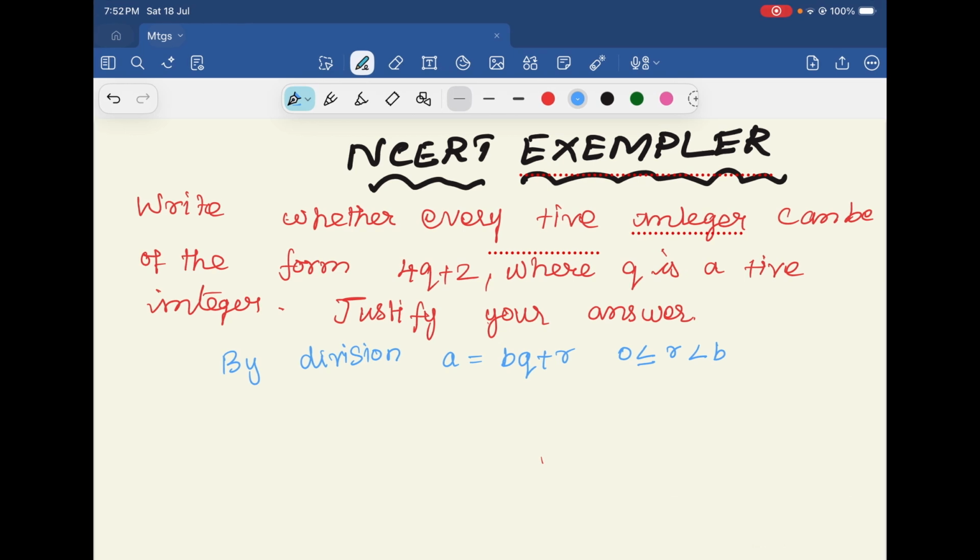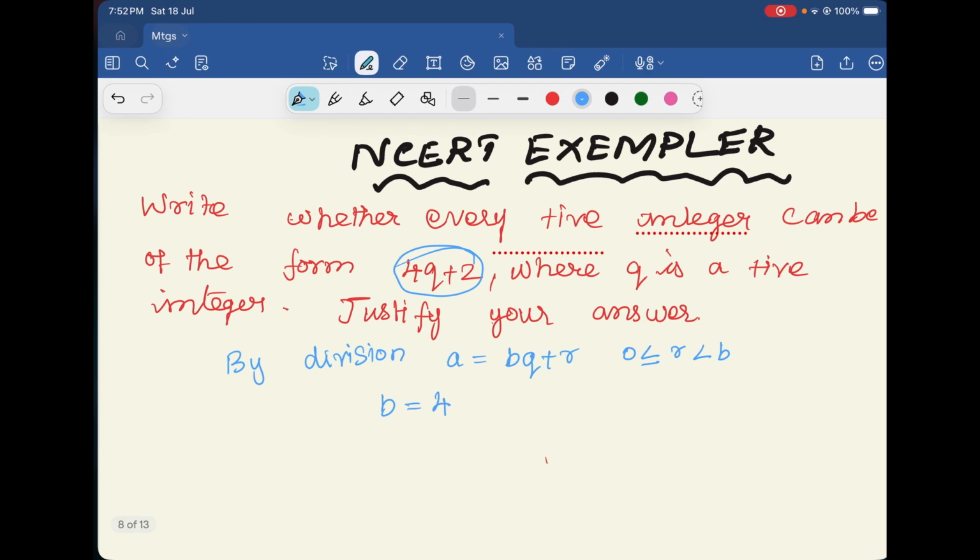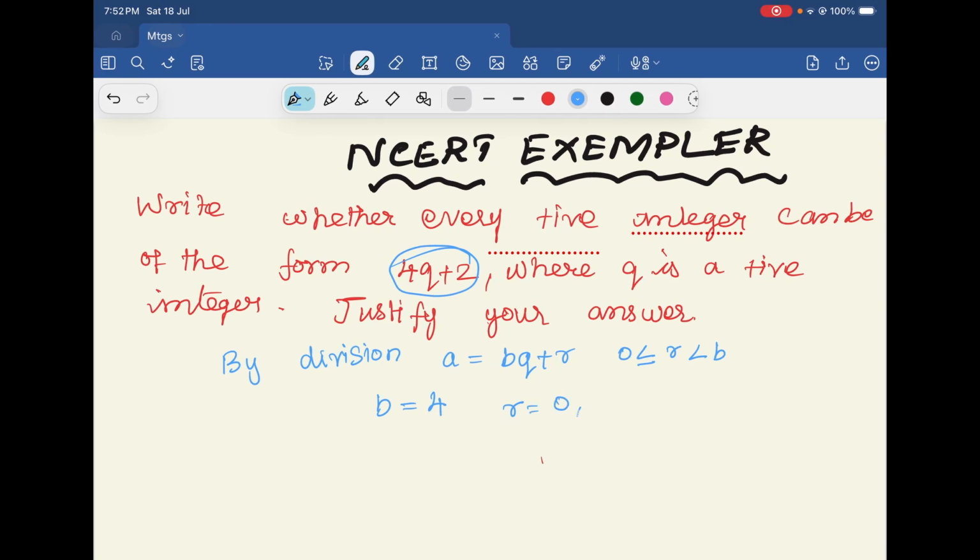Here it is given 4q plus 2. So what is b? b equal to 4. So r must be 0 less than or equal to r less than b, so r equal to 0, 1, 2, 3.